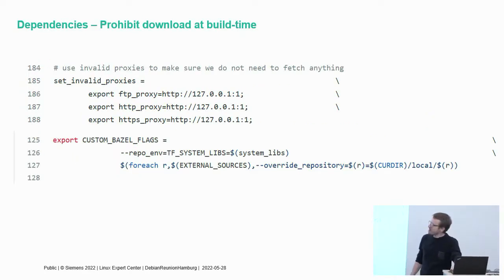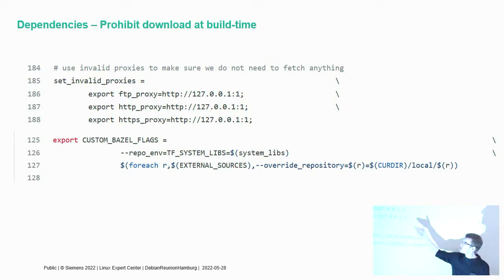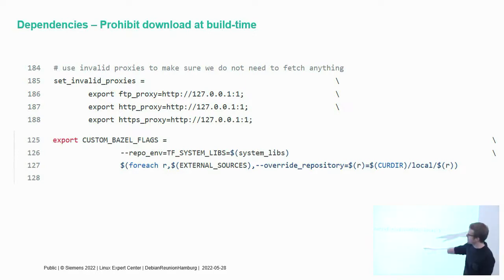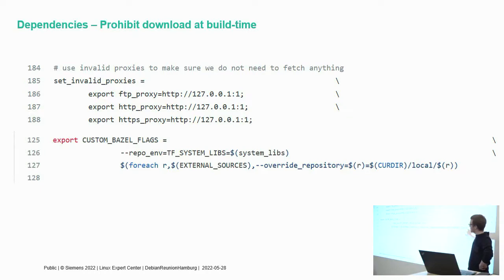Then the next thing is how to make sure that Bazel cannot download anything at build time. That's rather simple. We just set HTTP proxies pointing to nowhere. By that, we at least know that when the build fails, we probably just missed a dependency because then the fetching fails. Another thing we do here is to set the override repositories flag to point to the things that are in the sources archive, because normally all that would come from the Bazel cache in the home folder.